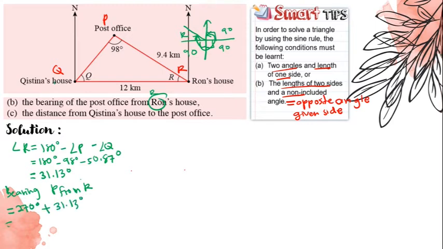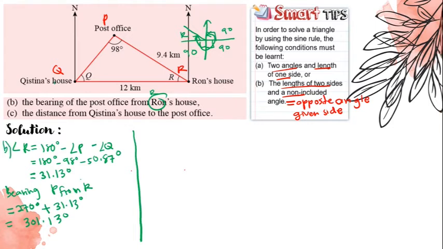So you will get the answer as 301.13 degrees. This is the bearing of the post office from Ron's house. So this is for question B.